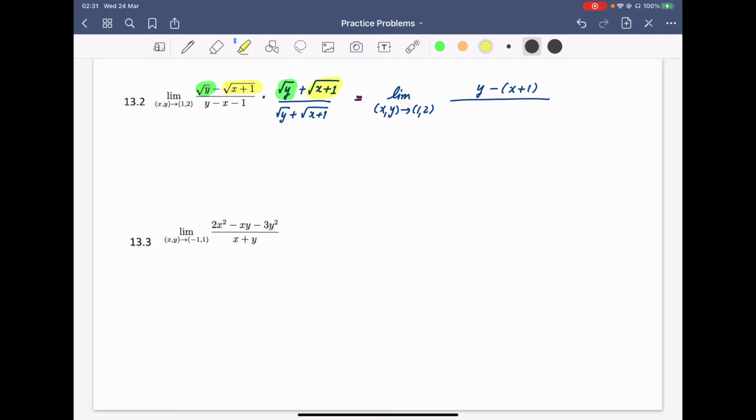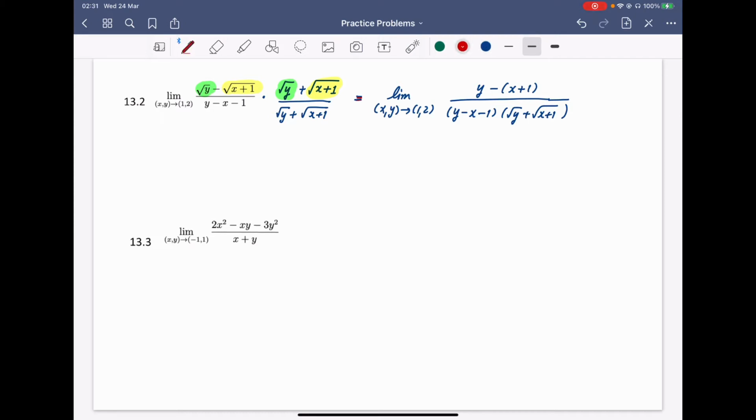That will give me a square minus b square, which is just y minus x plus 1 in parentheses. All right, on the denominator, I keep everything clean. So y minus x minus 1, and then square root y plus square root x plus 1, because I hope that something is going to cancel out.